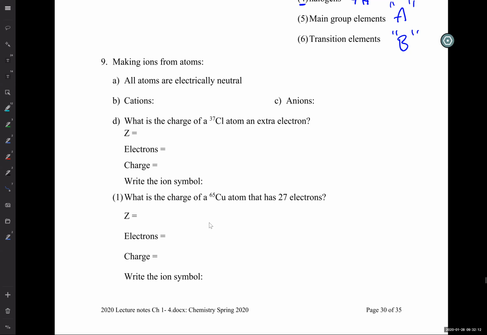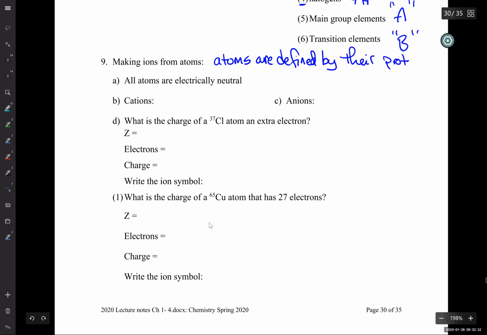So, making ions from atoms. Okay, so atoms are defined by their protons. How many protons it has is the element that it is.